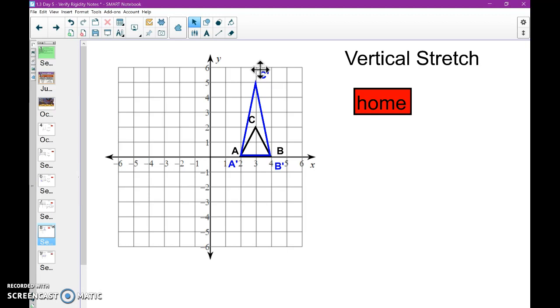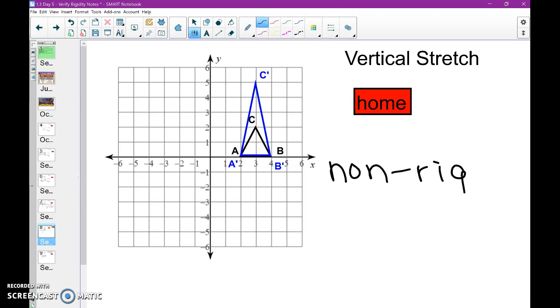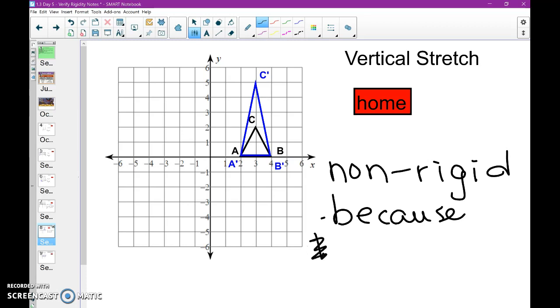You can look at the picture and see that it's not the exact same size and shape as it originally was. So this again is non-rigid motion, because the sides are now taller or longer. So non-rigid, it doesn't stay the same.